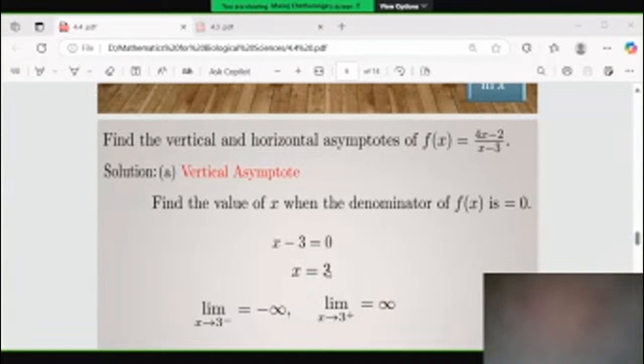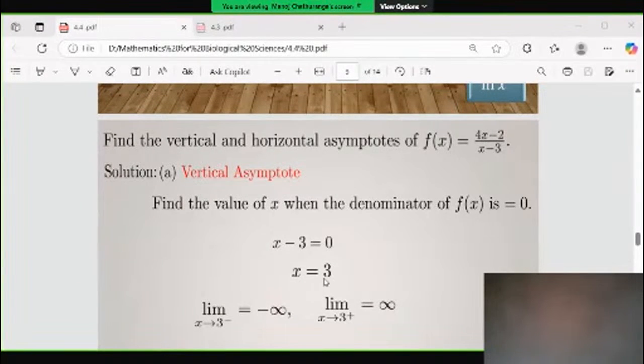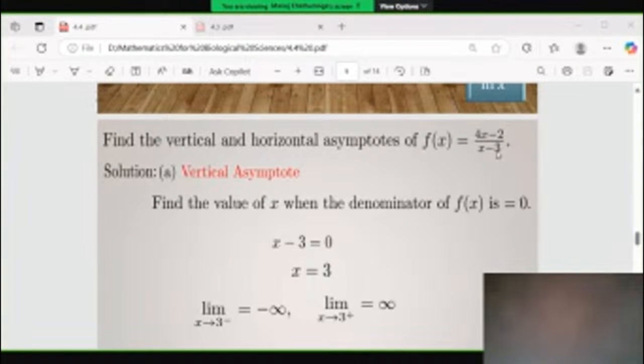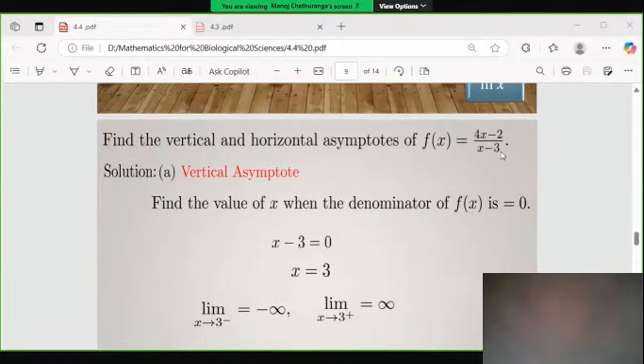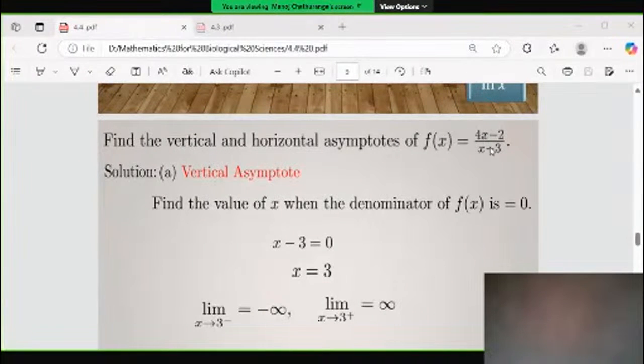Let's see what happens as we approach 3 from both sides. Let's take a number below 3, let's say 2. If I say x equals 2, I get a negative number. If you want, you can do a sign analysis and see how the sign of this function changes. For numbers below 3, the function is negative, and as x approaches 3, the function value goes to an infinite value.